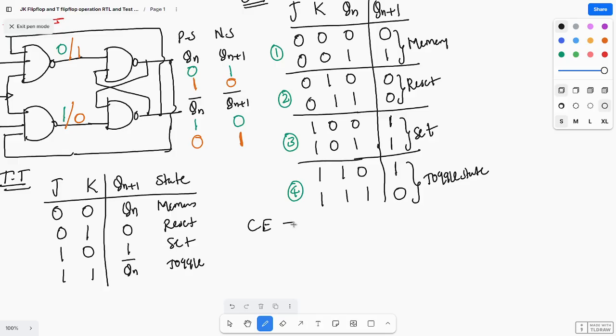So Qn plus 1 I can write as summation of m of whatever the min terms are. This is 0 1 2 3 4 5 6 7. What are the min terms? 1, 4, 5, 6. So just draw the K map.